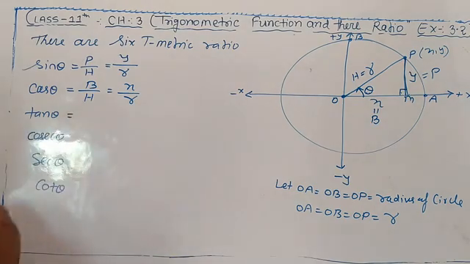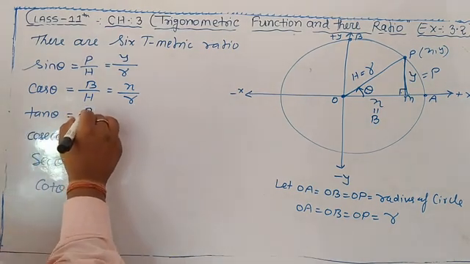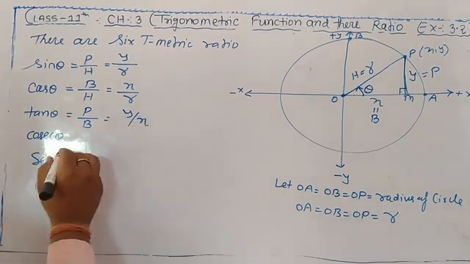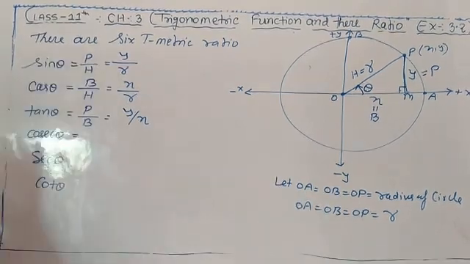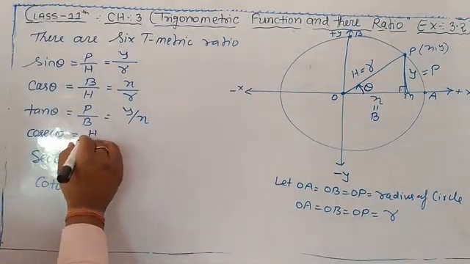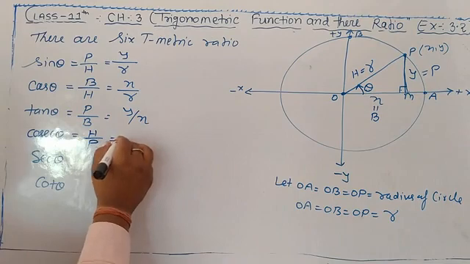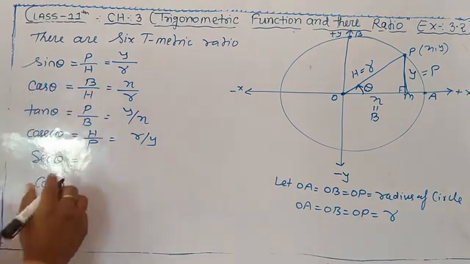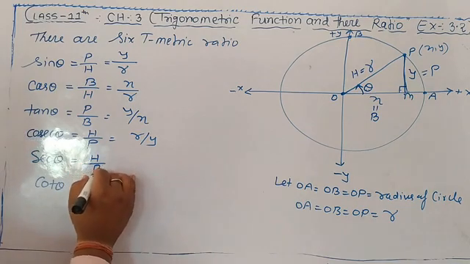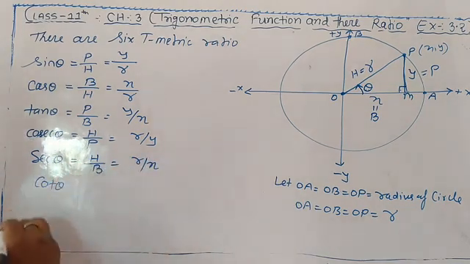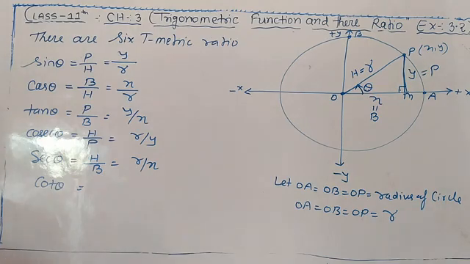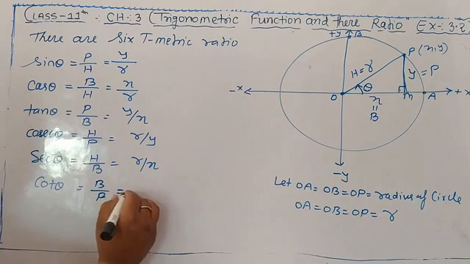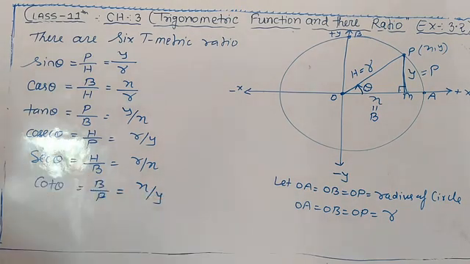The value of tan theta is perpendicular upon base, y upon x. Cosec theta is the reciprocal of sin theta, hypotenuse upon perpendicular, r upon y. Sec theta is the reciprocal of cos theta, hypotenuse upon base, r upon x, and cot theta is the reciprocal of tan theta, base upon perpendicular, x upon y.